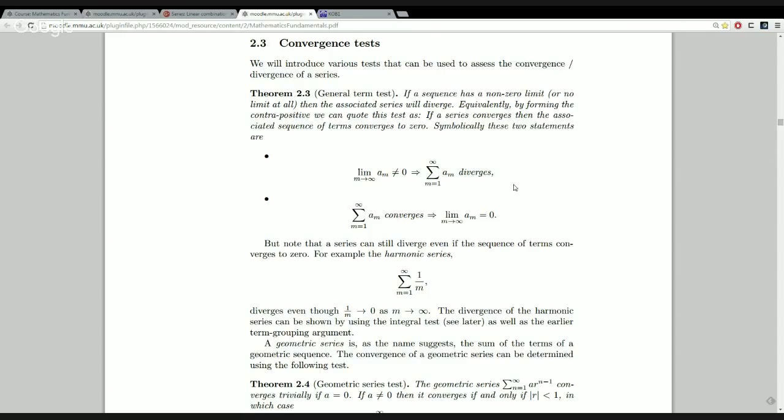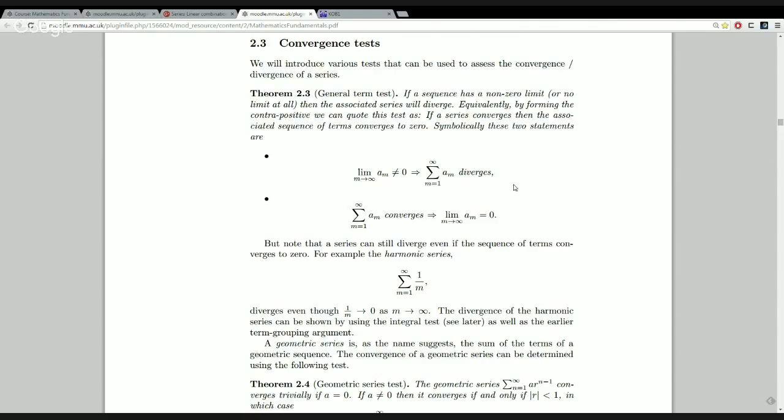So we'll assume that the A series converges and it's equal to L. We want to show that the limit as n goes to infinity of just the sequence of terms is equal to 0. Let's do a quick proof of this.